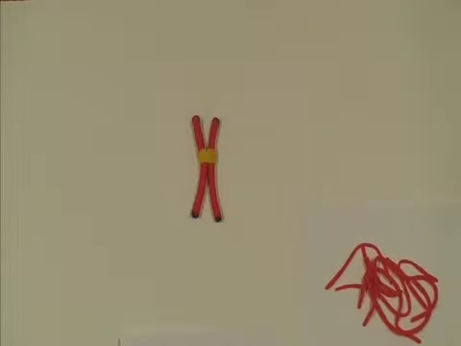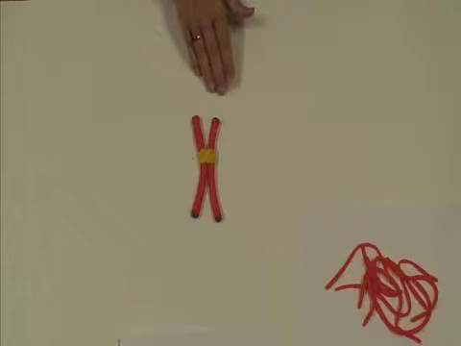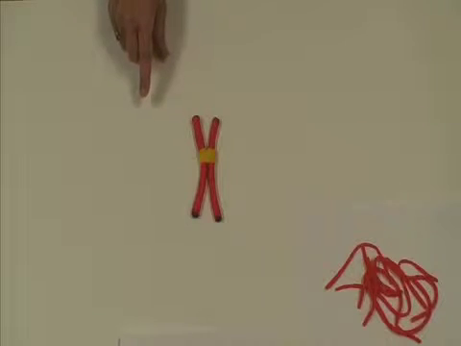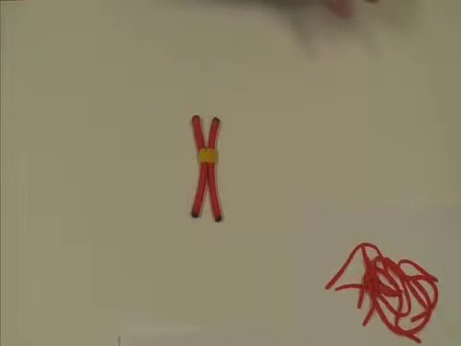And so that leads to our first question. Is this diploid or haploid? Now, if any of you answered that question, you're wrong, because this has nothing to do with diploid or haploid. Diploid or haploid has to do with the cell itself, and it has to do with whether or not the cell contains a set of chromosomes that come from the mother and a set of chromosomes that comes from the father.